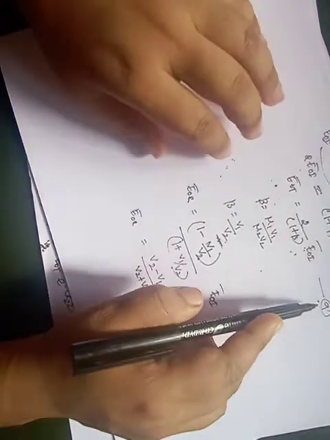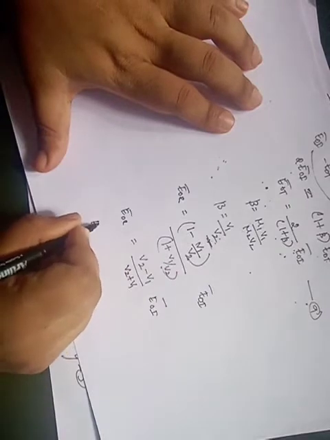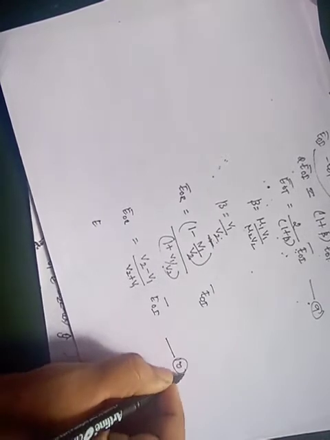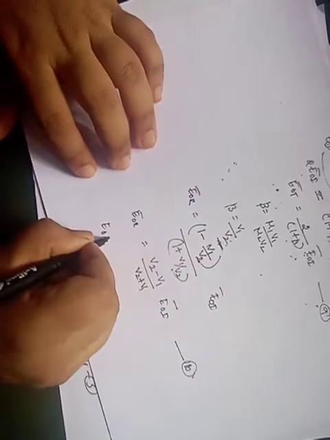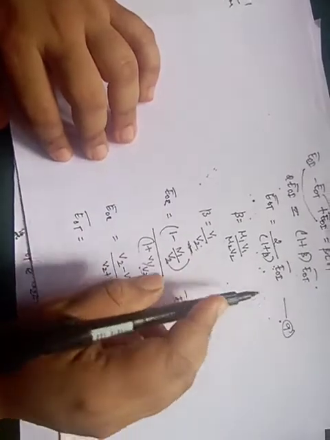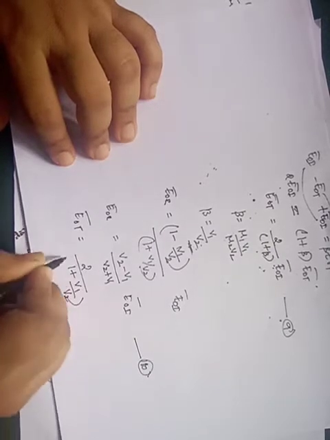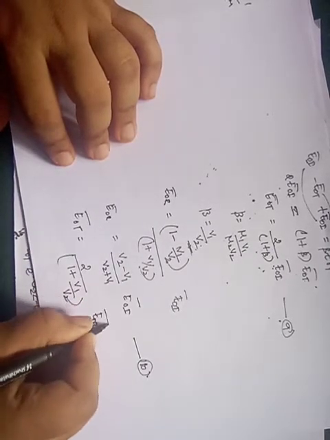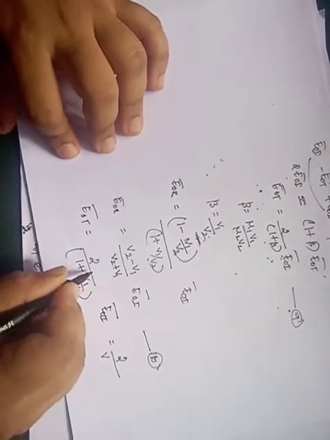Similarly, in equation 9 we can substitute for beta, that is v1 by v2. This equation is number 10. Equation 9 we can write like this, that is 2 by 1 plus v1 by v2 into E naught I, which is equal to 2 by this, v2 will go to the numerator.